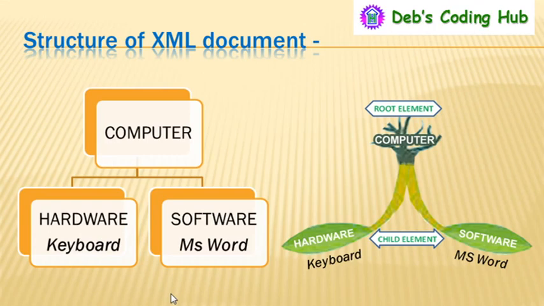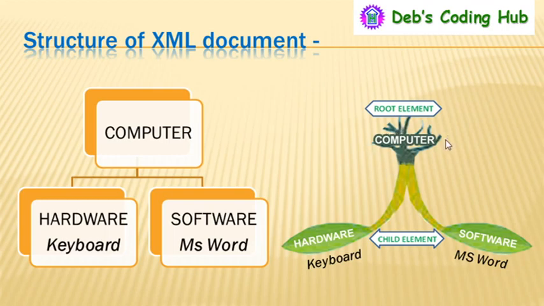An XML document structure can be represented as an inverted tree. So let us see the image on the right side that depicts this XML tree. The topmost element, as it is the inverted tree structure, is the root element.